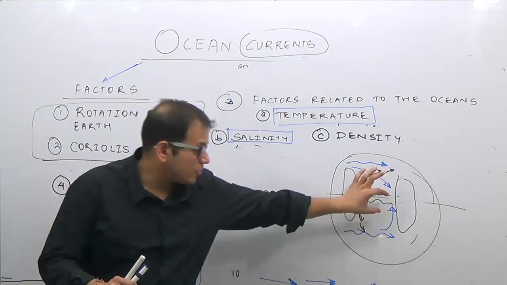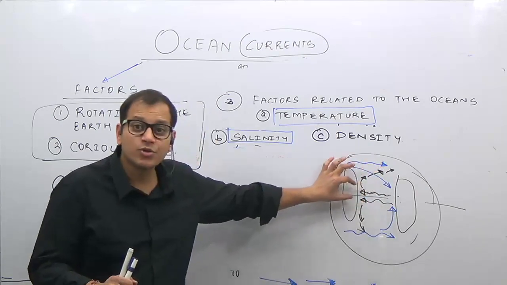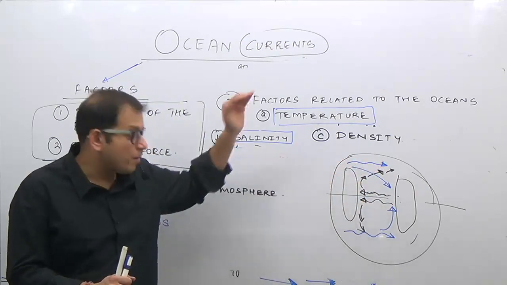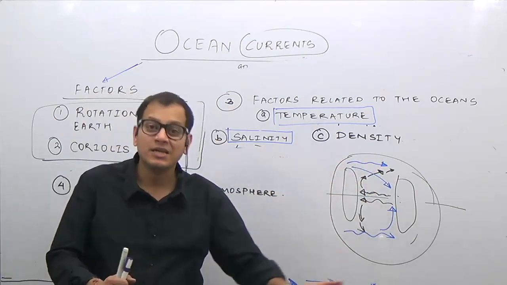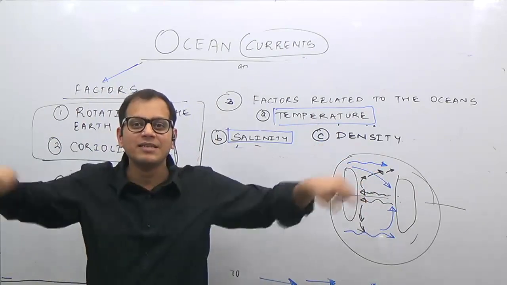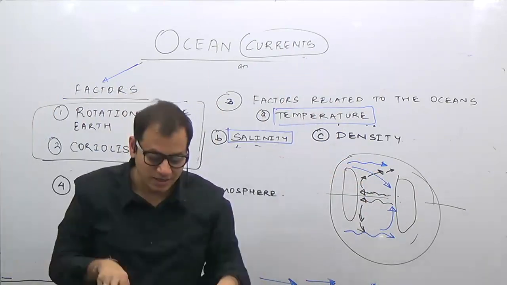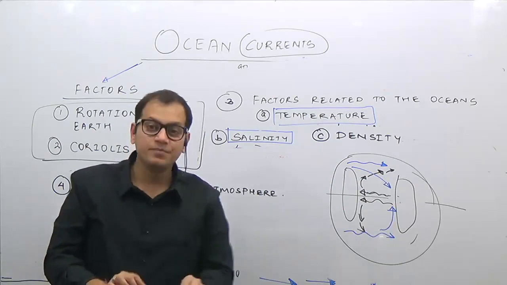Rotation of the earth causes weak winds which are known as tropical easterlies. Tropical easterlies generate equatorial currents, and from the equatorial currents the entire dynamics of the ocean water starts. So winds are the major factor.